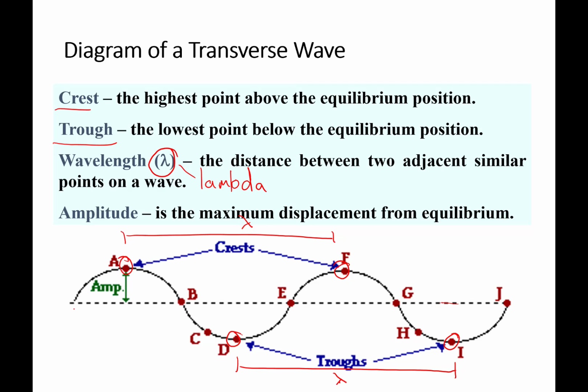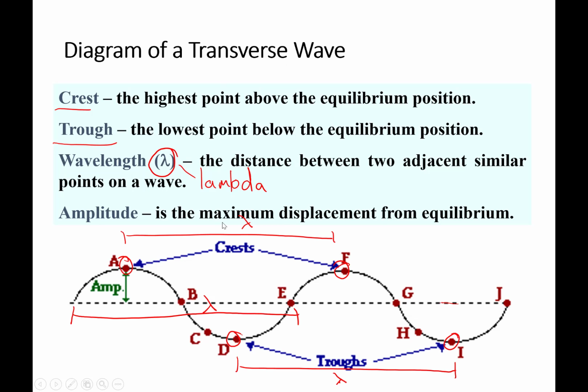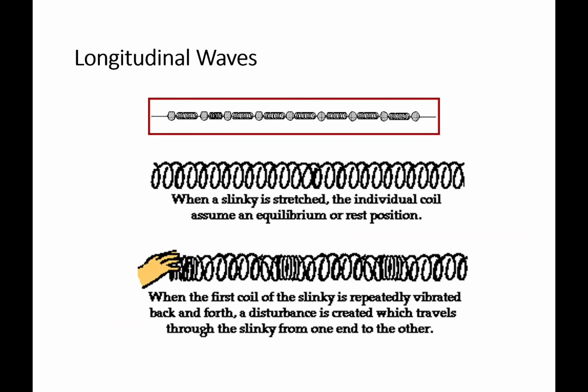Or it could be the distance from equilibrium going up to the next equilibrium going up. That's also lambda. And the amplitude is the maximum displacement from equilibrium. So if we go from our equilibrium to a crest, that's our amplitude. Or if we go from our equilibrium to a trough, that's also going to be an amplitude.